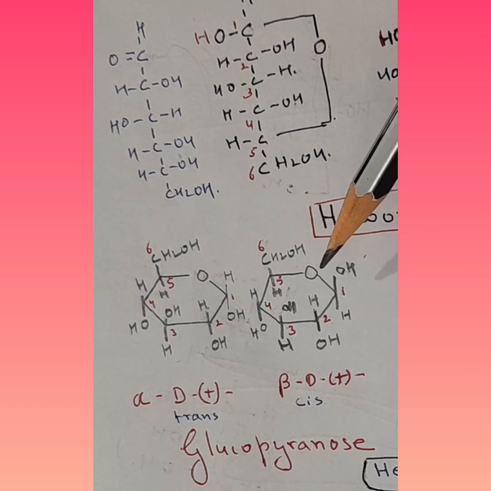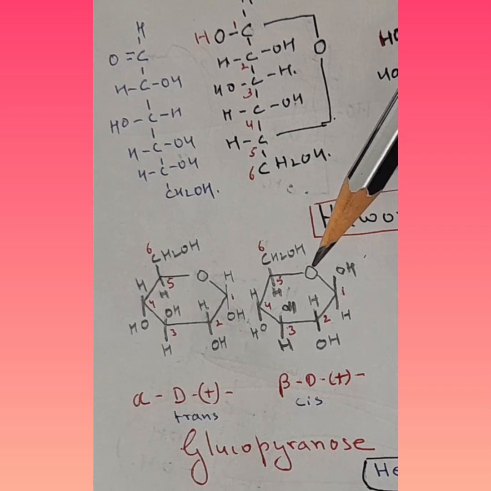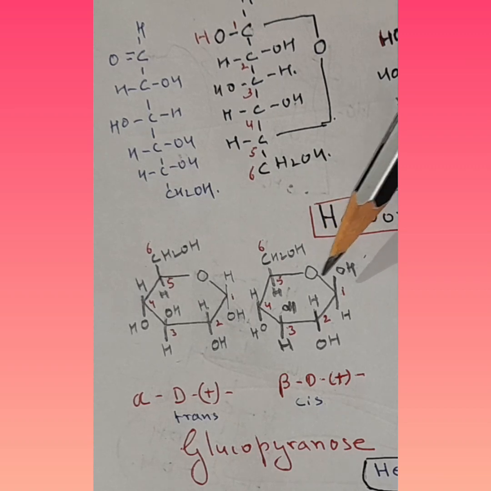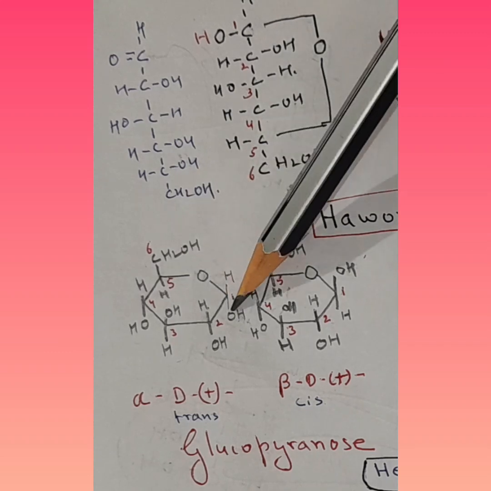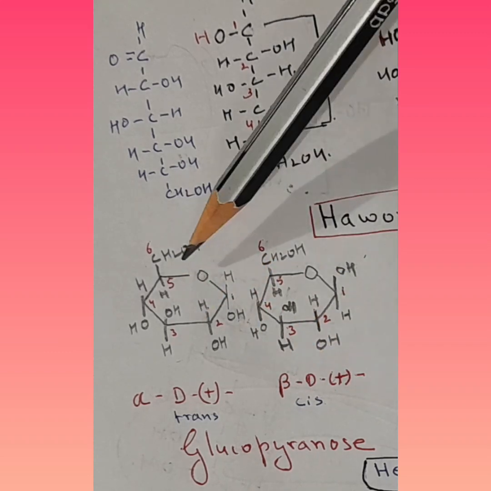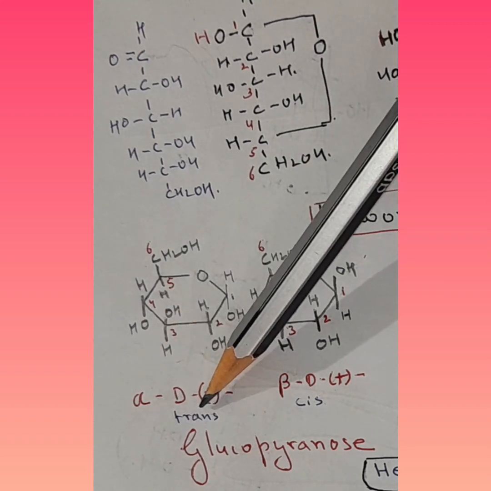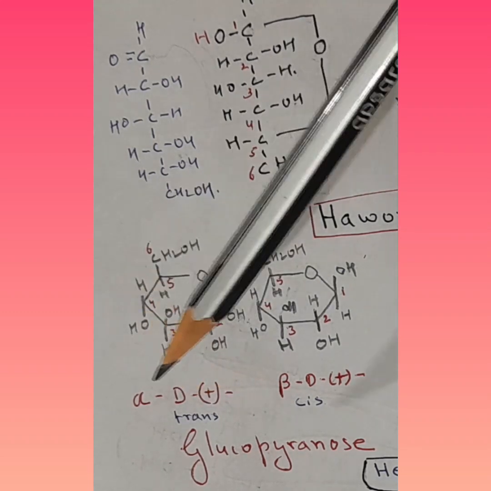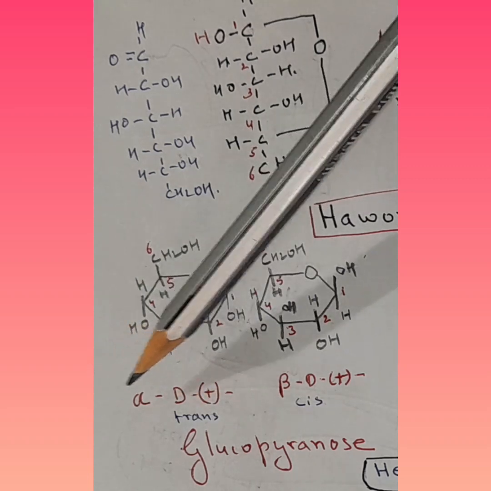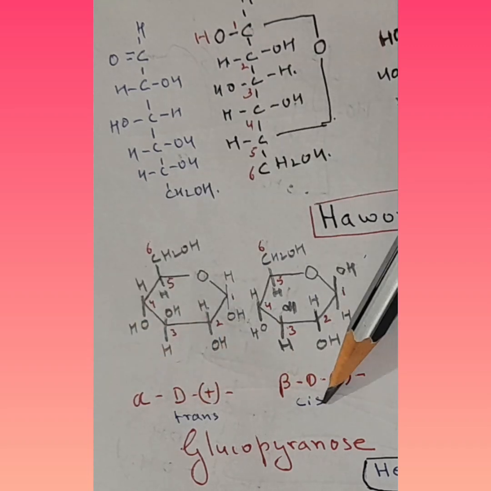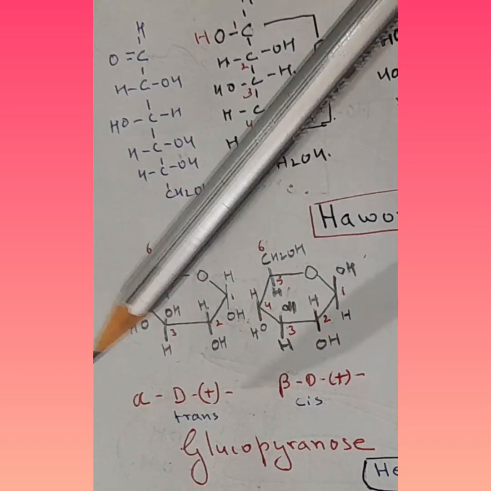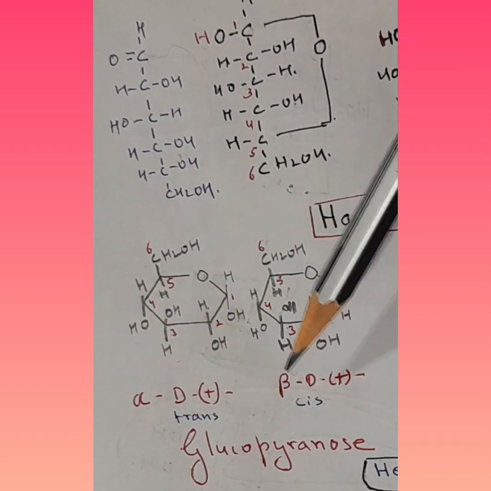Now we had seen in case of double bonds about cis and trans: when groups are on the same side of the double bond we call it cis. So just apply the same theory over here. So this is cis in a way, and this is trans. Trans we also call alpha, and cis we also call beta.